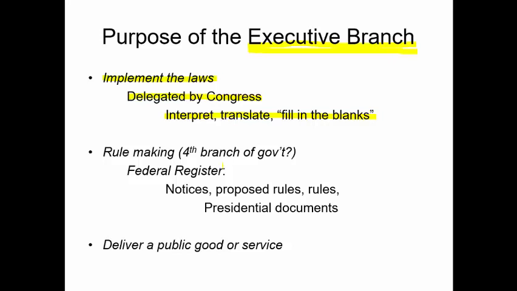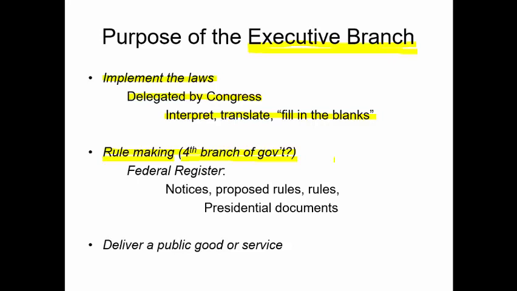And for this reason, the bureaucracy, or the executive branch, is considered somewhat the fourth branch of government in itself, because of this rule-making process. All of these organizations in the executive branch, as we speak every day, are constantly making new rules and regulations for us to follow.